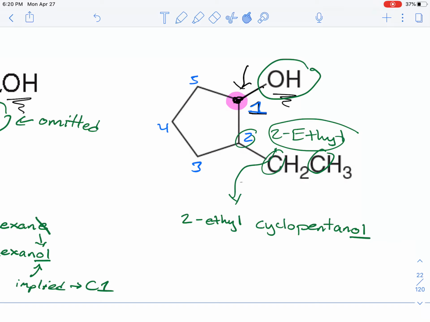Since I'm going from letter to letter, L to C, I'm just going to put in one word, no dash, no comma. Once again, the number 1 that represents the alcohol is omitted.